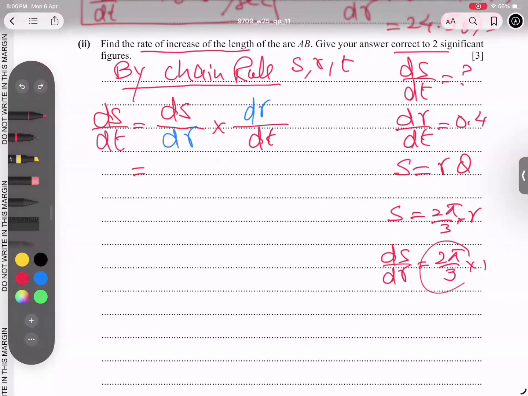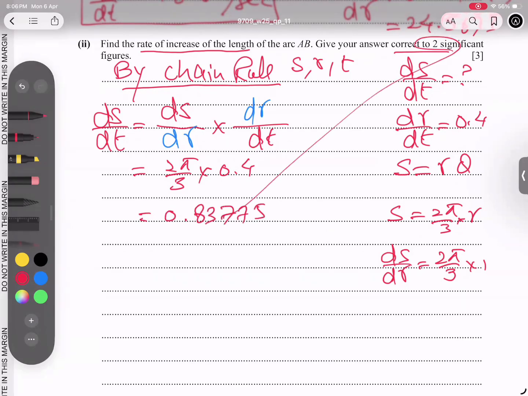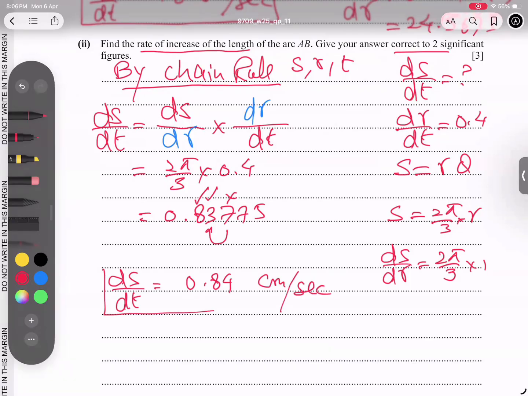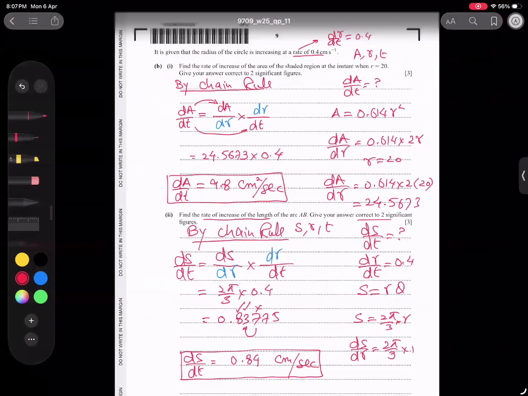So 2 pi by 3, and this value we have, 0.4. So 2 pi divided by 3 times 0.4, my answer turns out to be 0.83775. He said 2 SF, so I will round up. So ds by dt is 0.84 centimeters per second. And I believe the concept of the question is completely clear.